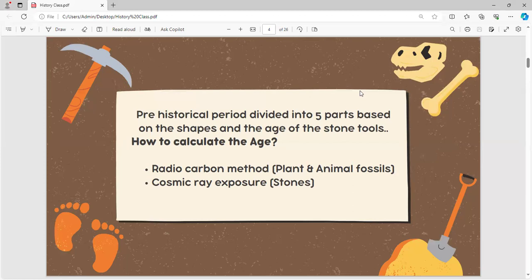Archaeologists use the radiocarbon method to calculate the ages of animal and plant fossils, that means organic items. And then cosmic ray exposure. This method is used to find out the ages of stones, rocks, that kind of things.